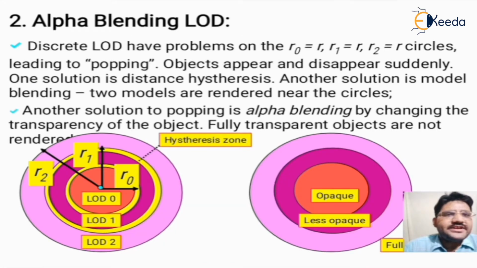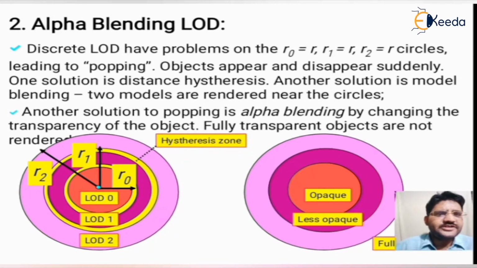In alpha blending LOD, the discrete LOD has problems when R0, R1 and R2 are equal to R. This leads to popping, where the object appears and disappears suddenly.